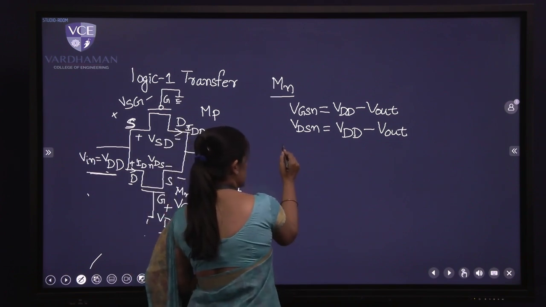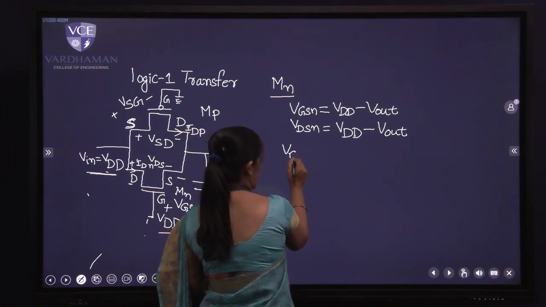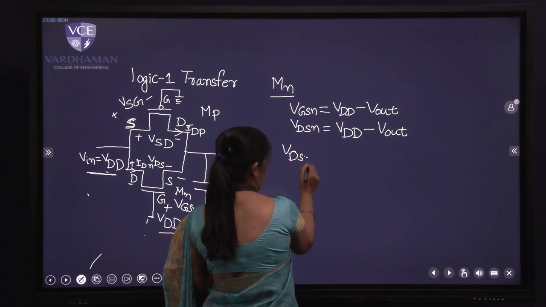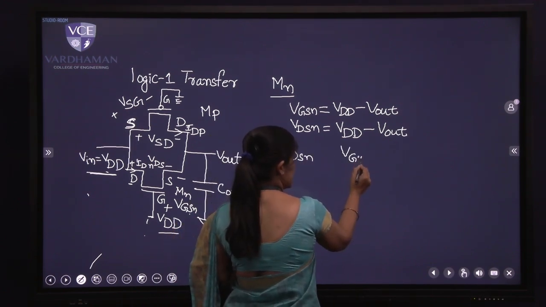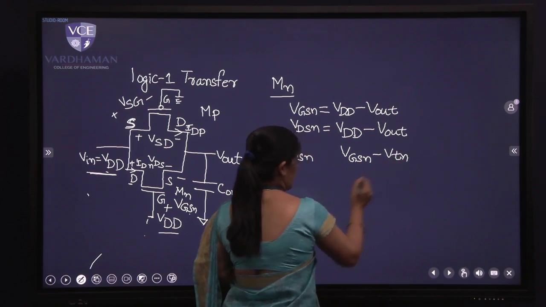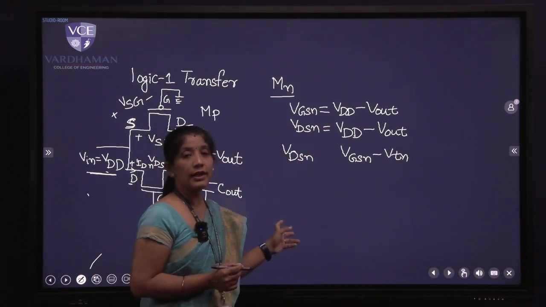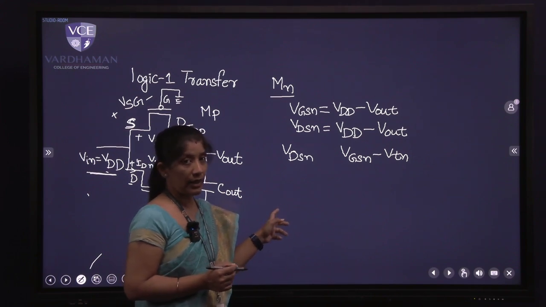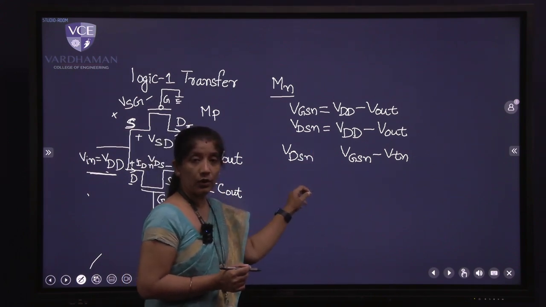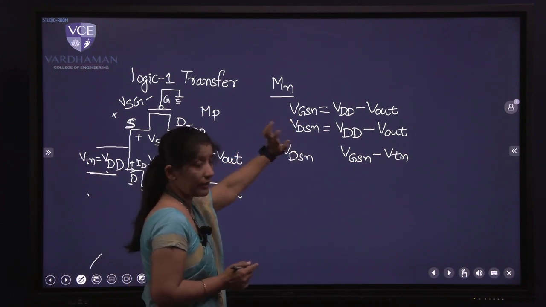Now the condition to determine saturation and non-saturation is: I have to take VDSN on the left side and VGSN minus VTN on the right side. If I write a less than relationship here, I say that my transistor is in non-saturation. If it is greater than or equal to, I say that it is in saturation. So let us figure out what the condition is here.